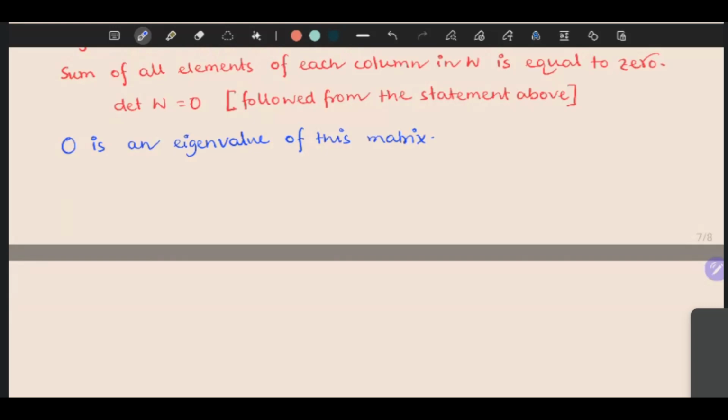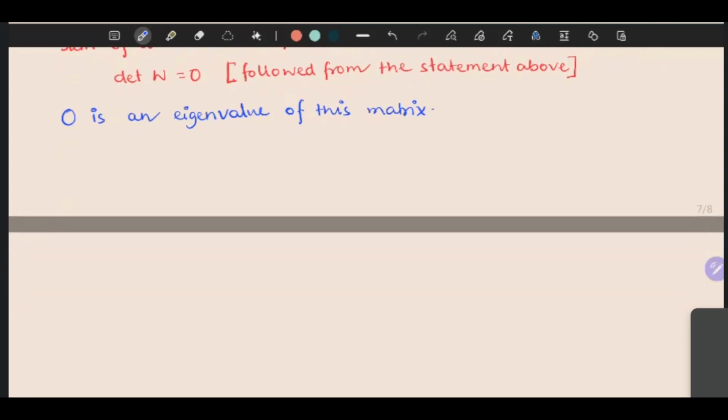Okay, and also the elements of W are real.